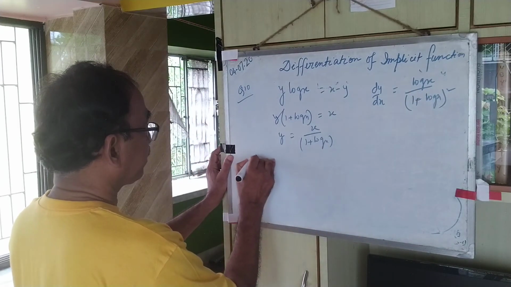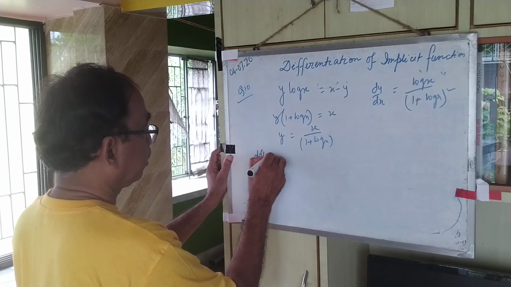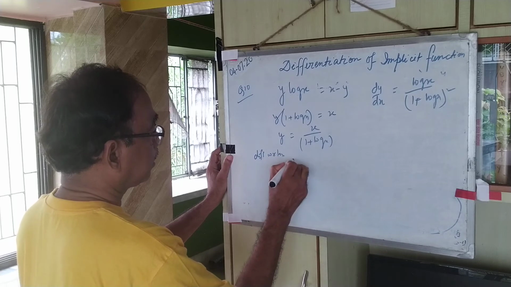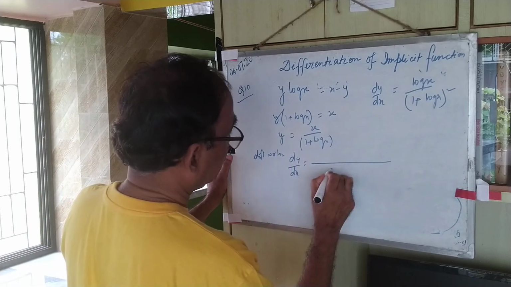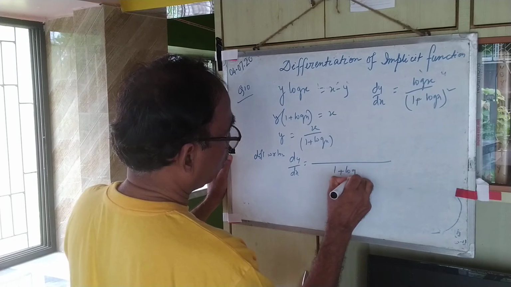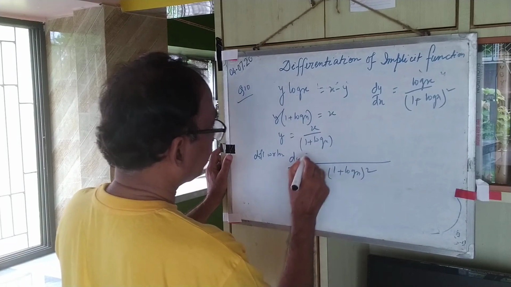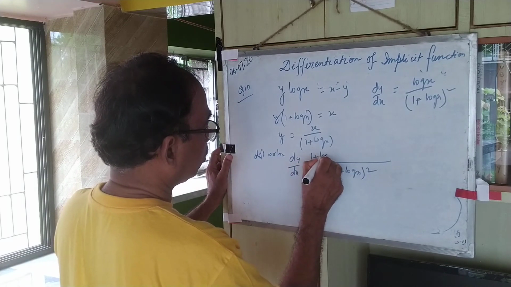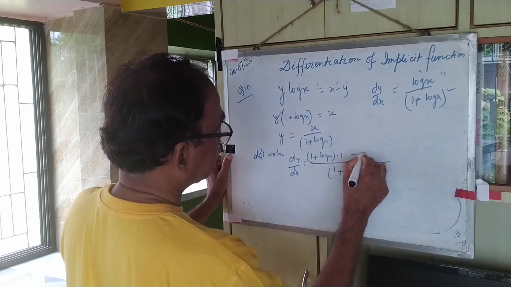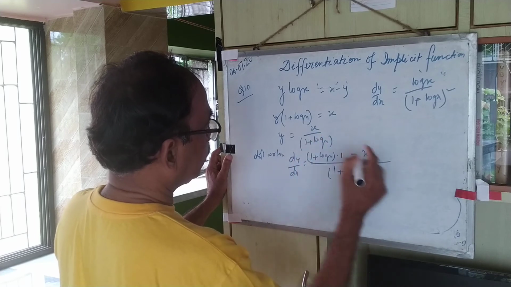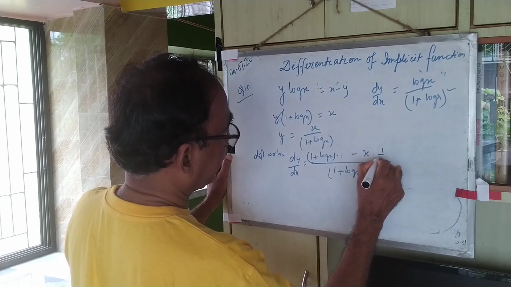Then differentiate with respect to x: dy by dx equals 1 plus log x whole square in the denominator, 1 plus log x is constant, x derivative 1, minus x is constant, denominator derivative 1 by x.